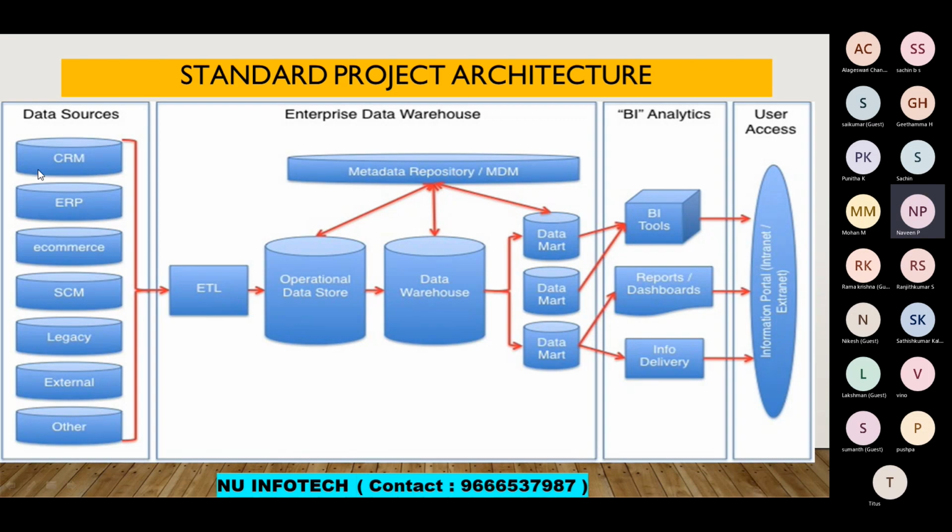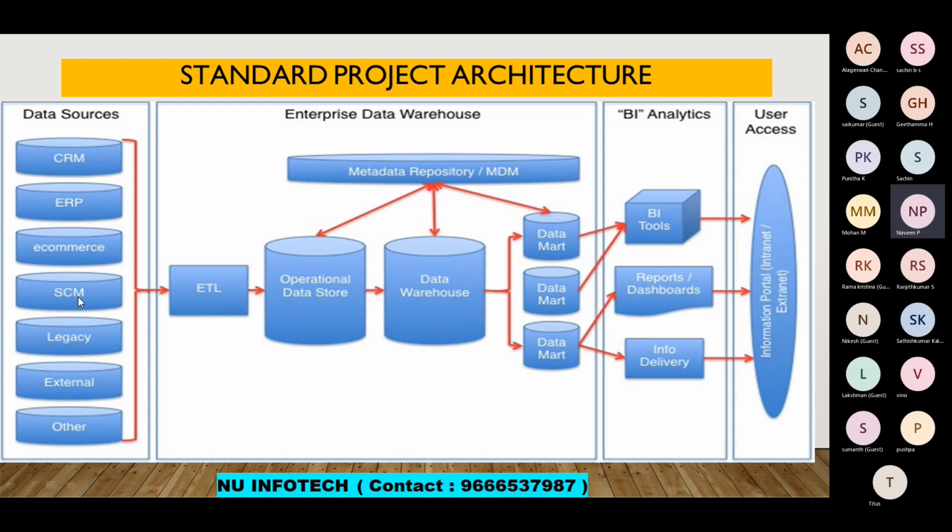There will be SAP or CRM, ERP, any kind of databases they maintain on their websites, integrated into these databases, so that data gets stored. It could be anything like CRM, ERP, or e-commerce like Flipkart. All these things come under a category.